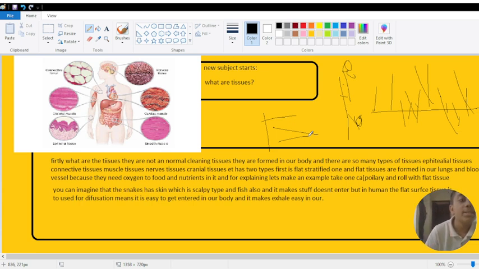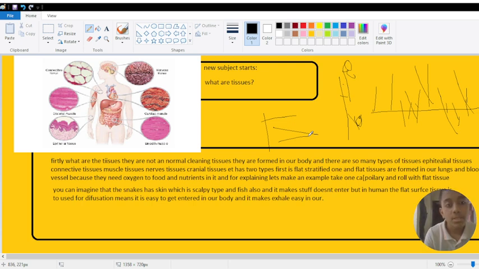We learned in epithelial tissues about the flat surface, so four types of flat tissues are used in making the cardiac muscle tissues, and they can be found in our heart.